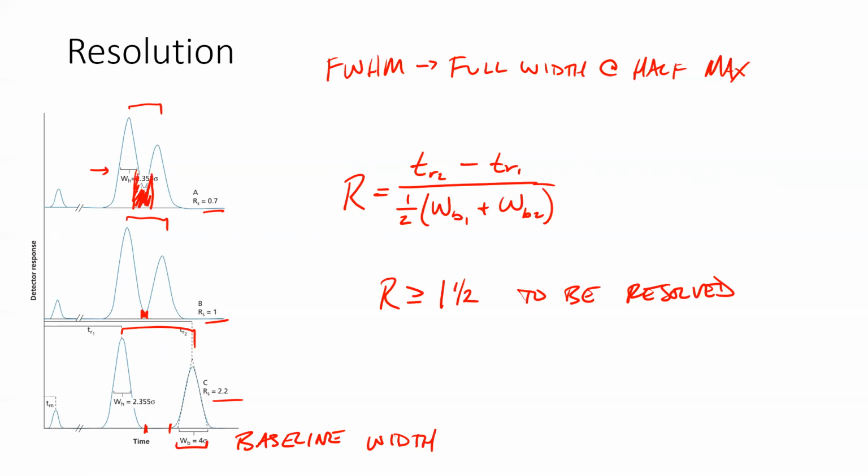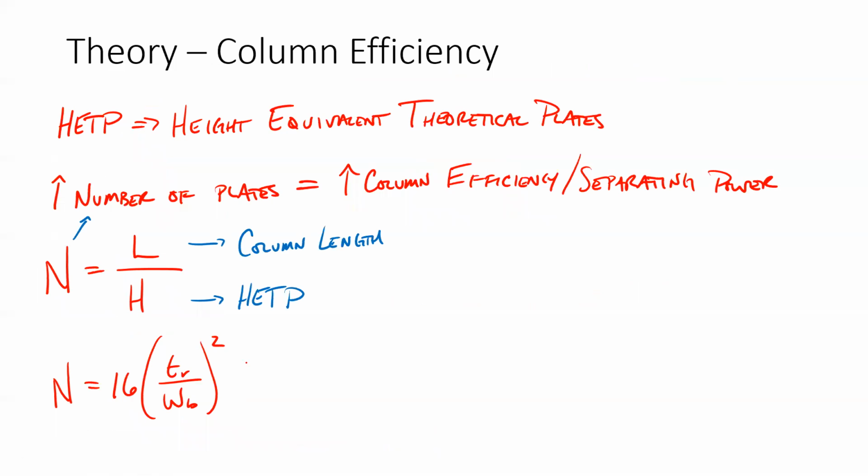And so the baseline width of our peak is not always the easiest thing to look at. And so for the number of theoretical plates, we can also look at this in terms of the full width at the half max, and it's equal to 5.54, again, our textbook goes into a little bit of this derivation, times the retention time over this full width half max squared.